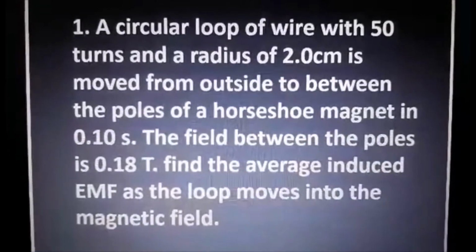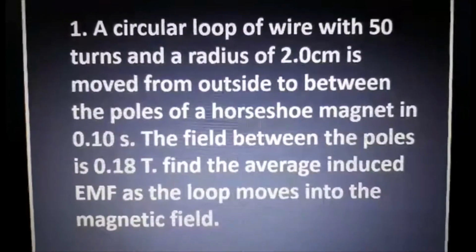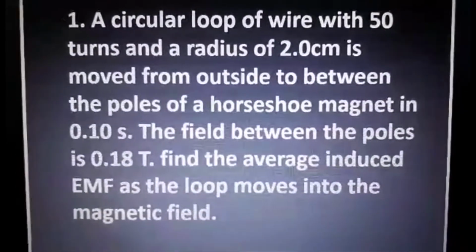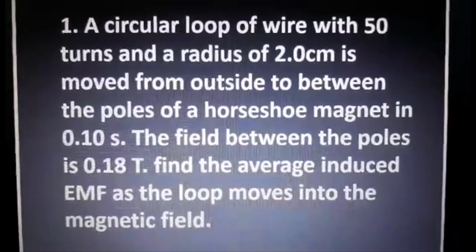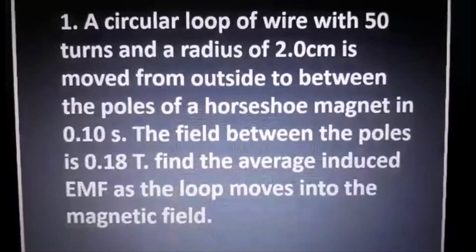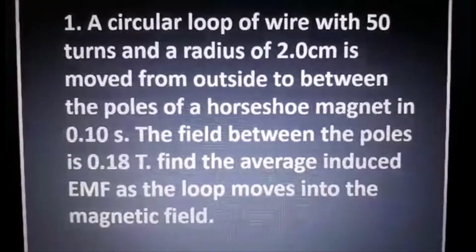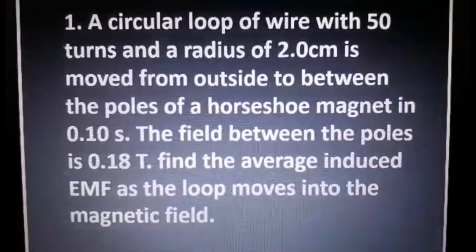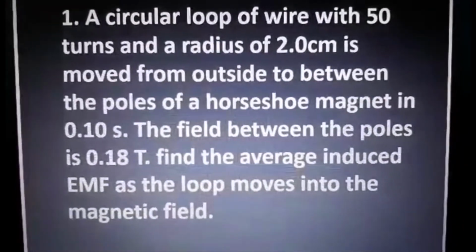So here's the problem that we are going to solve to apply the magnetic flux and induced electromagnetic force. So I would like to read with you. A circular loop of wire with 50 turns and a radius of 2.0 centimeter is moved from outside to between the poles of a horseshoe magnet in 0.10 seconds.